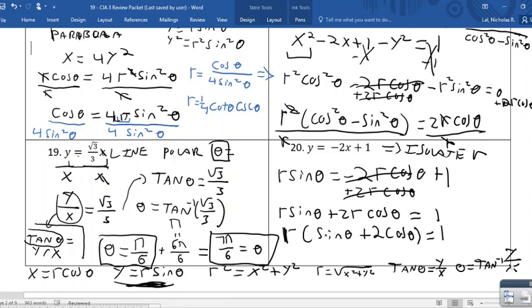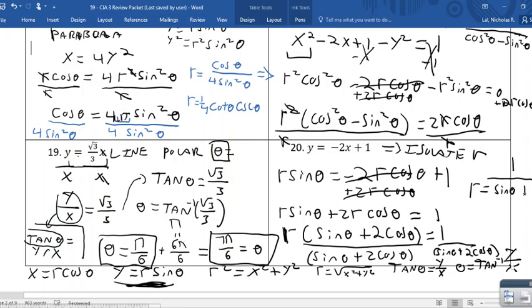And then lastly, to get r by itself, we can divide each side by the sine of theta plus 2 times the cosine of theta. Put those all in parentheses. So r is equal to 1 over the sine of theta plus 2 times the cosine of theta.